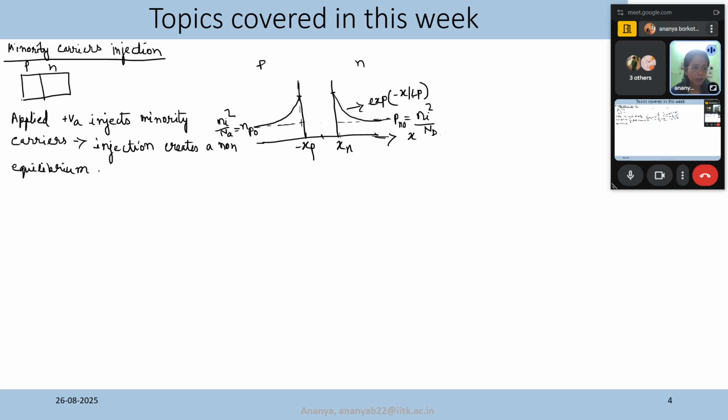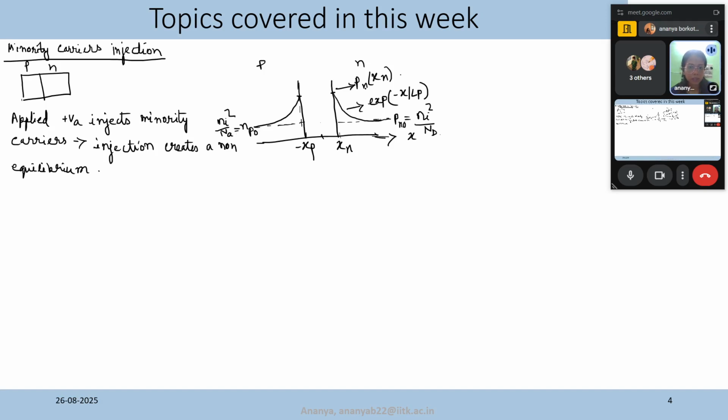This will depend on this Lp, right? So these are usually in microns. If you remember the calculations we did, these are in micron level. We are considering our injected carriers and overall our number of minority carriers at the edge of the depletion region. We are denoting it like this, Pn at Xn.